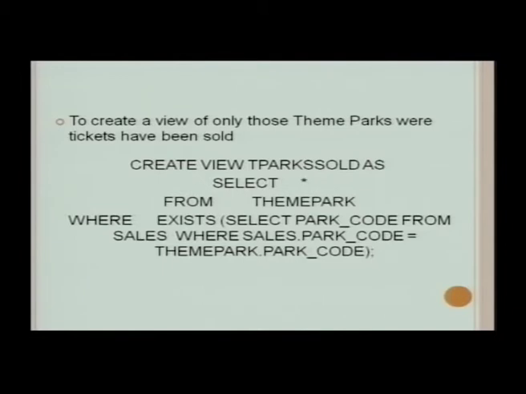In the query part we are selecting all the columns from the theme park where exists. Once again we are placing a subquery: select park code from sales where sales dot park code is equal to theme park dot park code. This is how we are using the subquery and the main query, and creating the view over here.